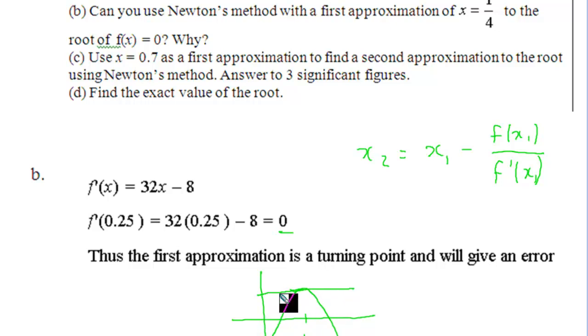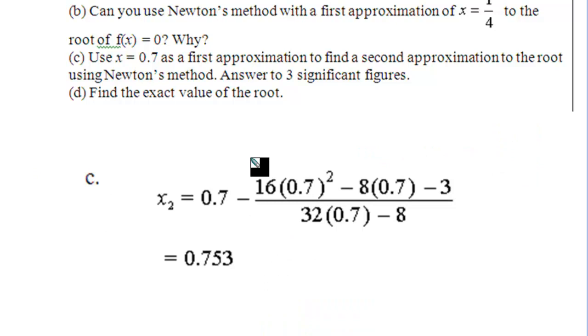So that's another problem with Newton's method: don't take your first approximation on a turning point. It's not going to get you a tangent that's going to cross the x-axis. That's why it's going to be an error. So keep that in mind. If you get this situation where it's 0, realize that's why you're not getting a result from Newton's method. It's failing for you there.